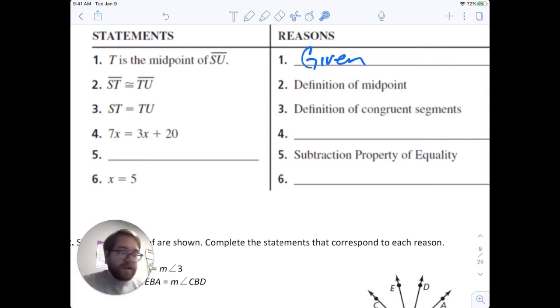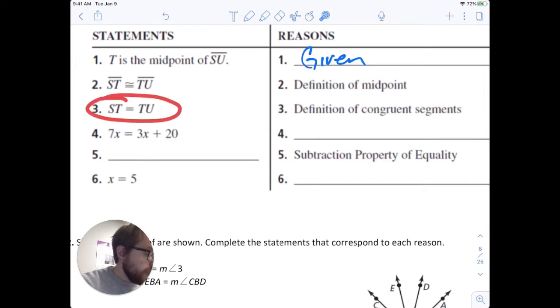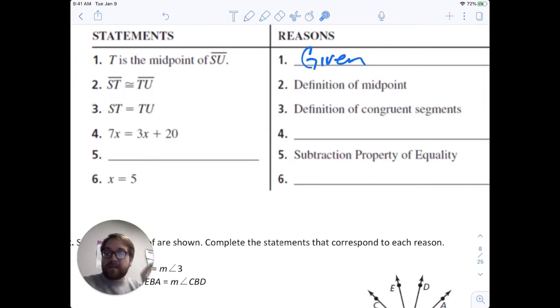Now go to the fourth line. If I know their measurements are equal to each other, what can I say? Now you have to figure out where you're trying to get to. You're trying to prove that x is equal to 5, so we probably need to say something about the x's. If I know that ST is equal to TU, then I can say 7x is equal to 3x plus 20.